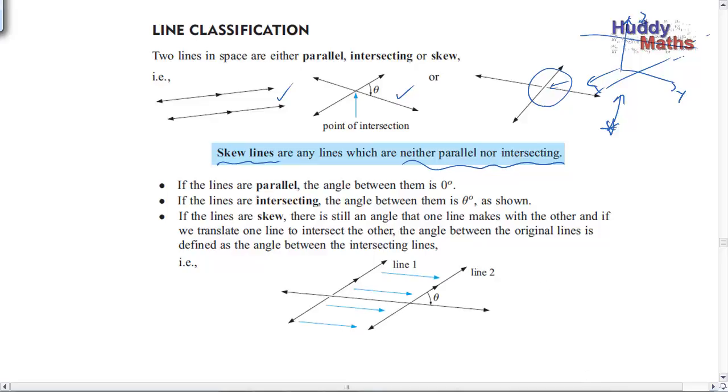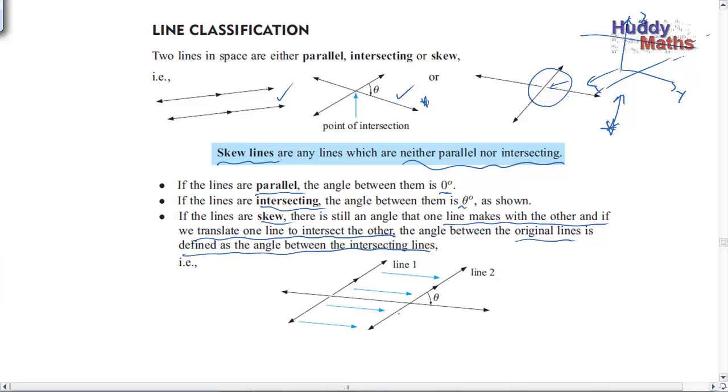Now, if the lines are parallel, the angle between them is zero, so we're going to use that. If the lines are intersecting, the angle between them is theta, so this idea here. If the lines are skew, there is still an angle that one line makes with the other if we translate one line down to intersect the other. So the angle between the original lines is defined as the angle between the intersecting lines.